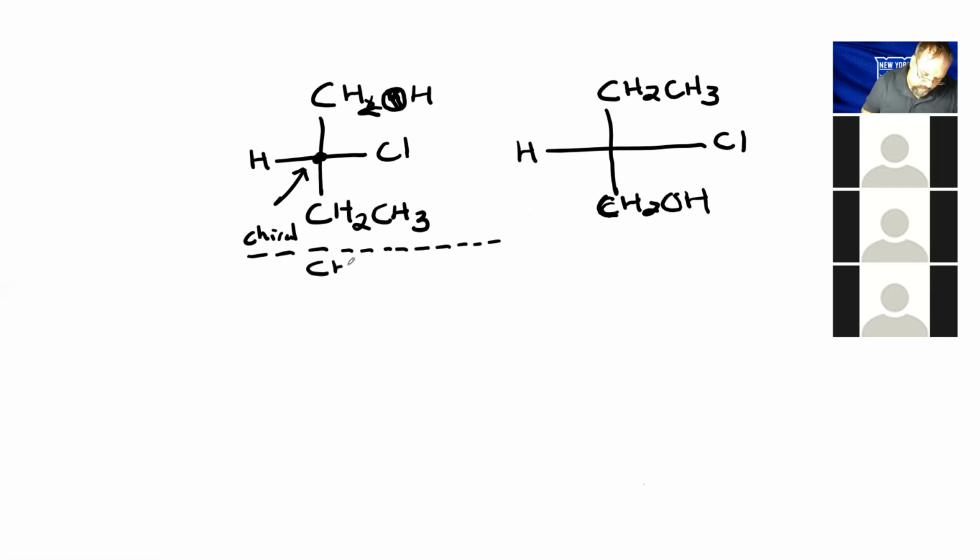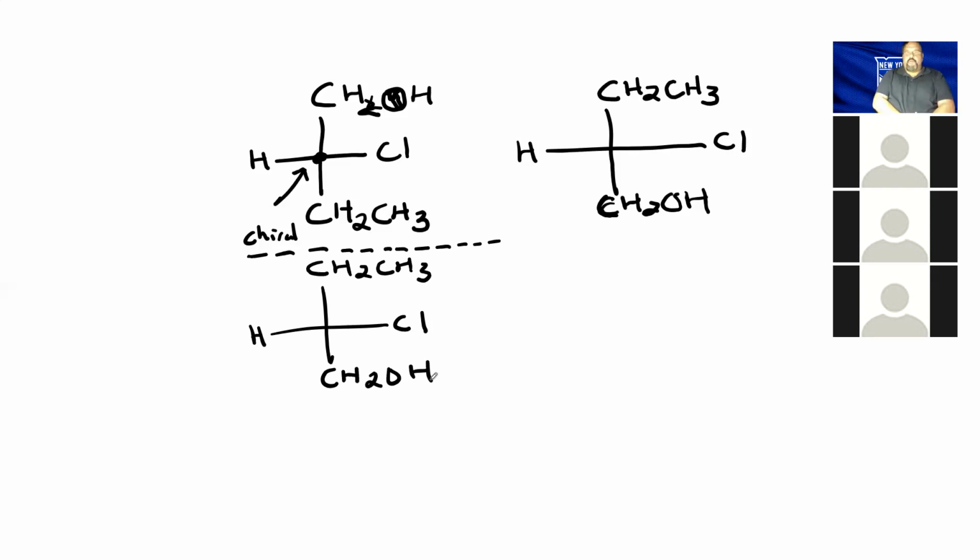Because if I use the horizontal mirror right below the CH2CH3, that's what the mirror image would look like. And that's the structure on the right. So the relationship between these two is that they would still be enantiomers of each other.